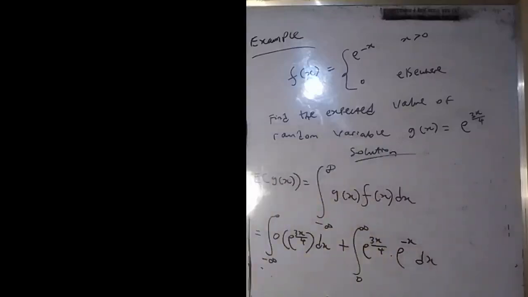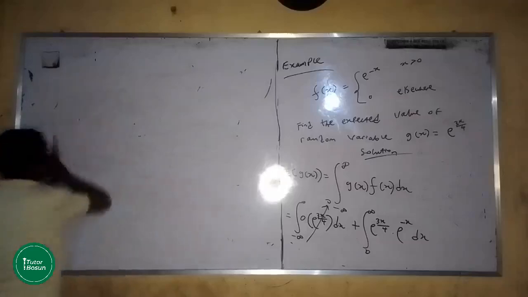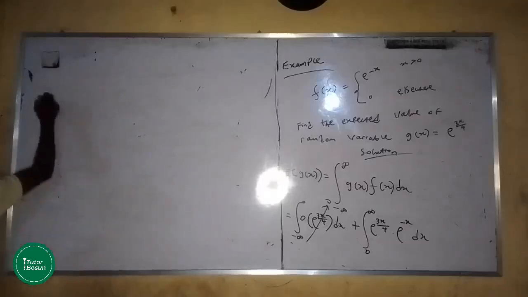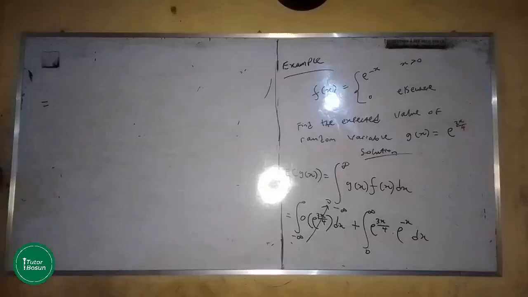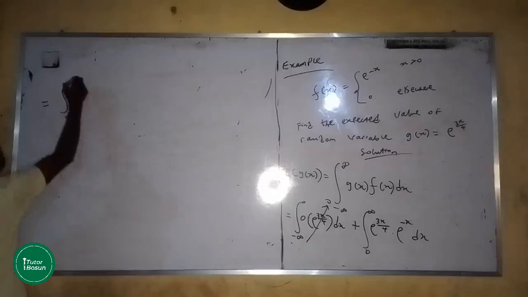So the first part automatically becomes 0, because we have 0 times that function there. So we want to integrate that, but before we integrate, we can simplify it. So integral from 0 to infinity.